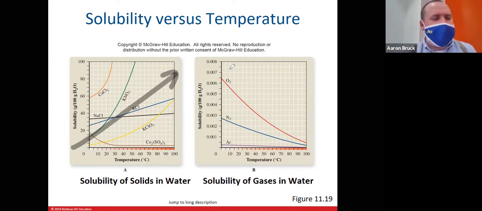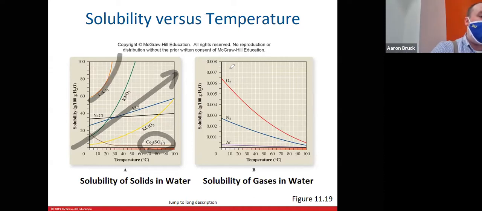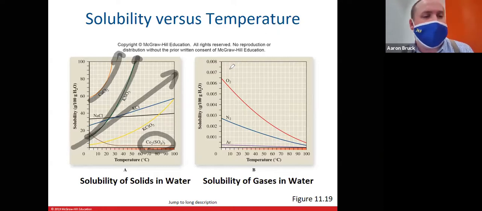For everything other than the cerium-3 sulfate here, we see that as the temperature increases, the solubility increases. And in some cases, it increases by quite a bit really fast. Look at those curves for the calcium chloride and the potassium nitrate. Very, very steep slopes on those curves.